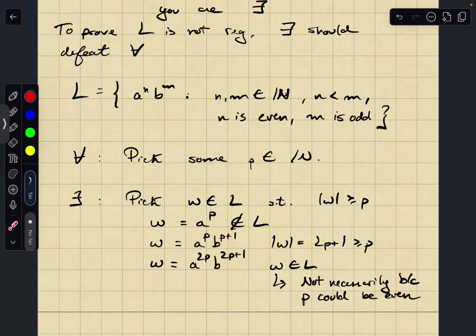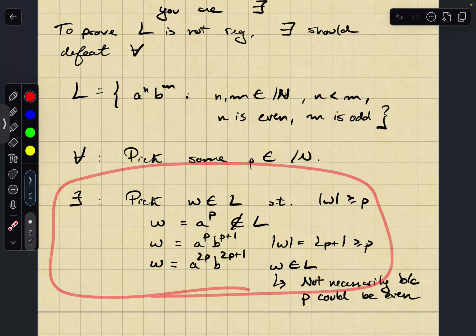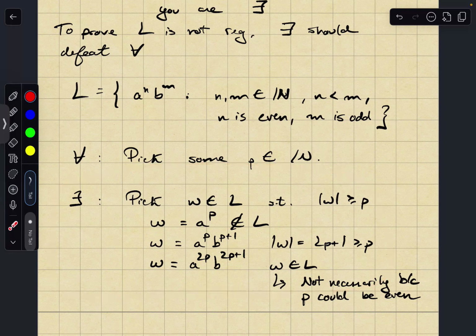Because now this is definitely even and this is definitely odd by definition of what it means to be even and odd. And 2P plus 1 is definitely strictly greater than 2P. And the length of the string is 4P plus 1, which is definitely greater or equal to P. Okay. So that means at this point, I've done a good job because I've satisfied all the conditions that I needed.